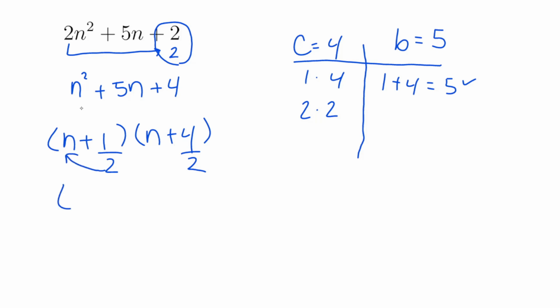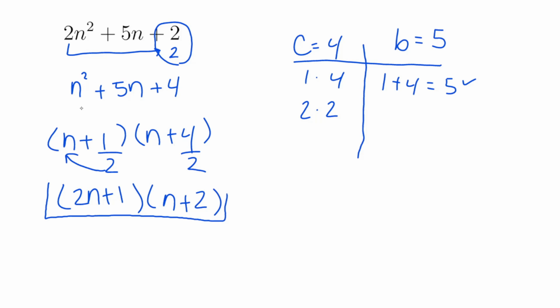So, since the 1/2 won't simplify, we're going to bring our 2 up in front of our n, and we're going to have 2n plus 1. Now, the 4/2 does simplify, so you can go ahead and write n plus 4 divided by 2 is 2. Okay? So the factored version of 2n squared plus 5n plus 2 is 2n plus 1 times n plus 2. Those are our two factors.